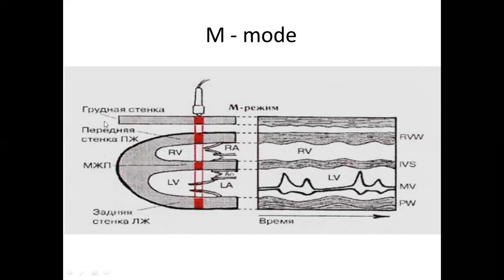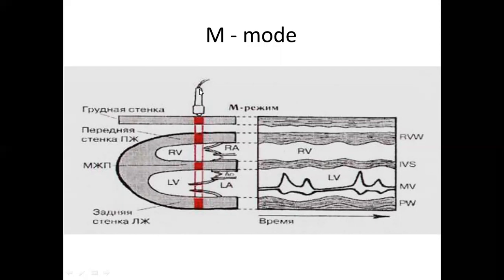This is thoracic wall. This is anterior wall of left ventricle. Then we have cavity. Then we have interventricular septum. And then we have, well, obviously we will have left ventricle. So this probe is placed to evaluate how the leaflets, anterior leaflet and posterior leaflet, are moving relative to the thoracic wall right there.